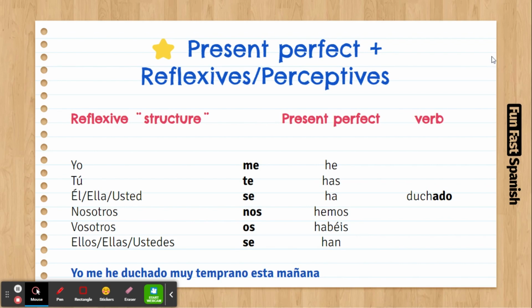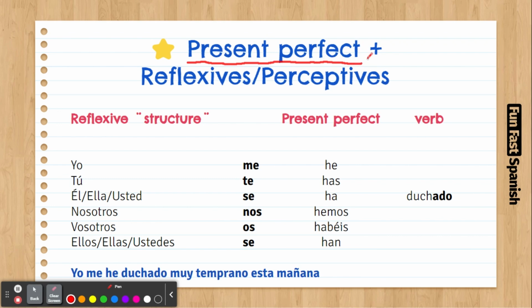In today's video, we are going to learn how to use the present perfect as well as reflexives or perceptive verbs. So, just to remember present perfect. Present perfect is the tense we were using when we were saying I have done, I have eaten, I have gone, I have written down something.